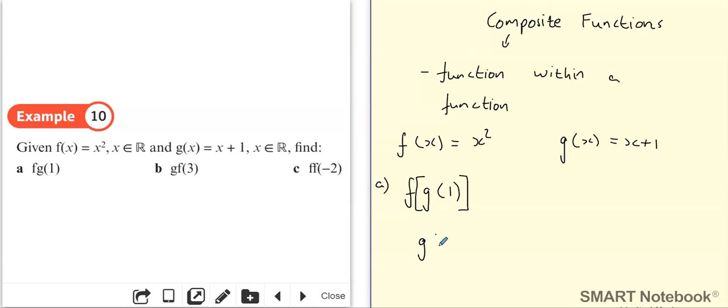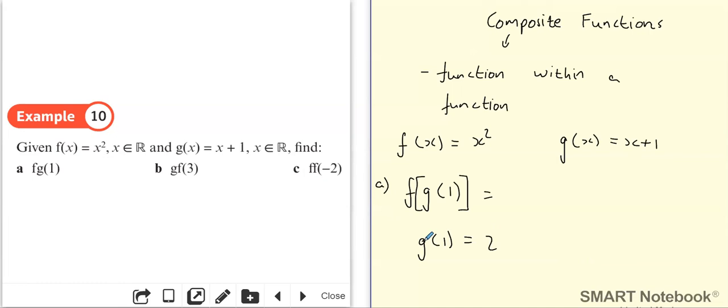I'm going to work out g of 1. What is g of 1, please? Good. The answers that are coming through are good. G of 1, if my input here is 1, on the right hand side it's 1, so I get 1 plus 1 is 2.